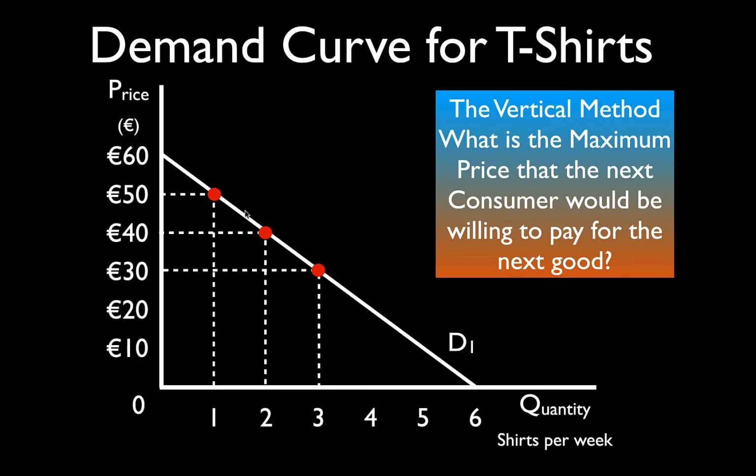And if we realize that this is the market demand curve for a society, the market demand curve for the good represents the marginal benefit to society from consuming that good. Now that is something that is very important.